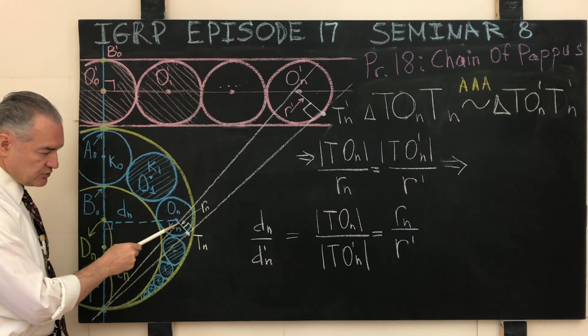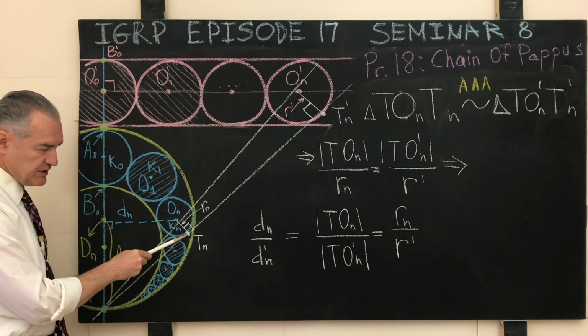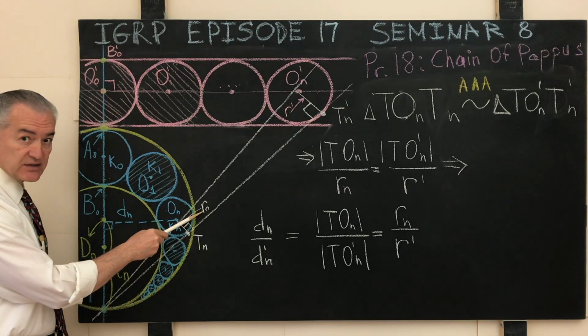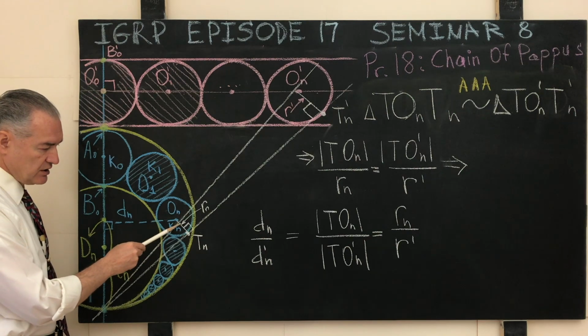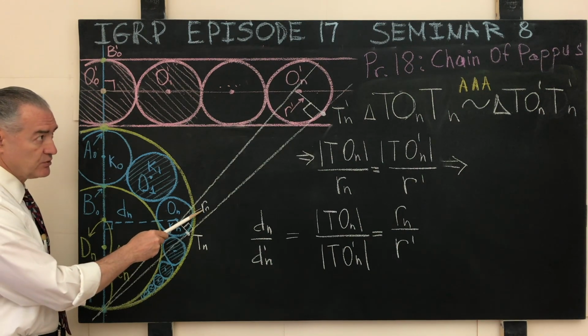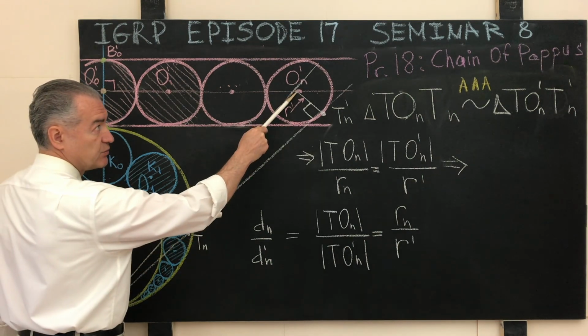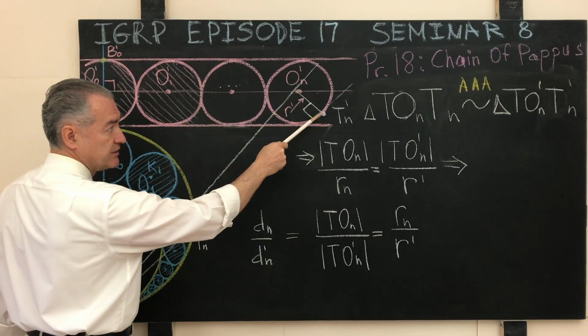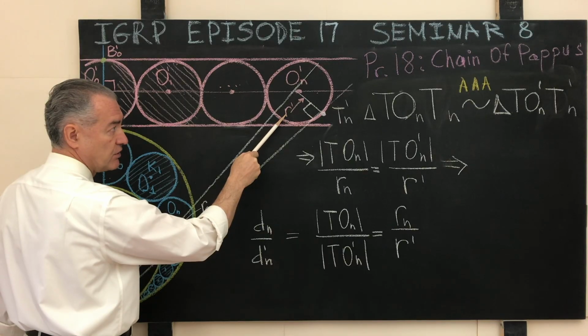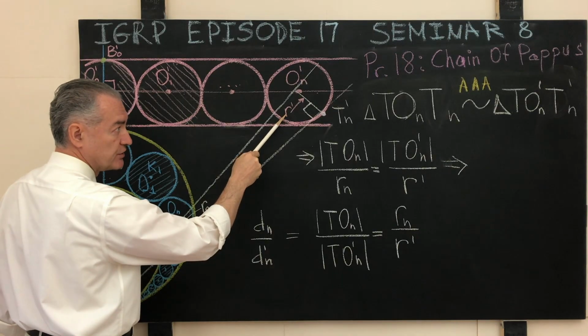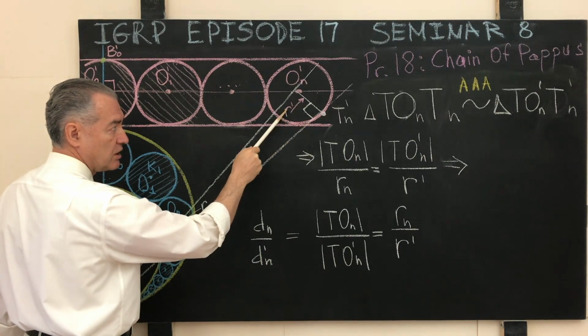And here again, just to make sure that we're all on the same page, the distance from the point O_n to the point T_n represents precisely the radius of the nth inscribed circle. This distance right here is designated with an arrow, and the distance between the points O'_n and T'_n represents the radius of the nth inverted circle, R'.